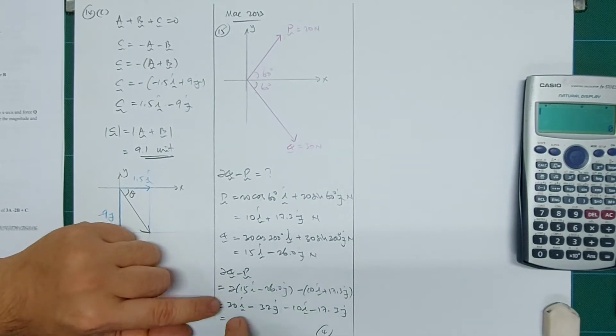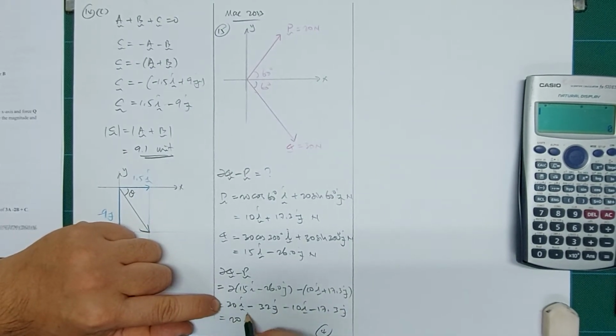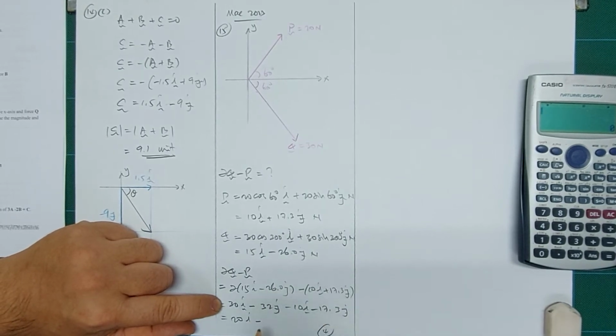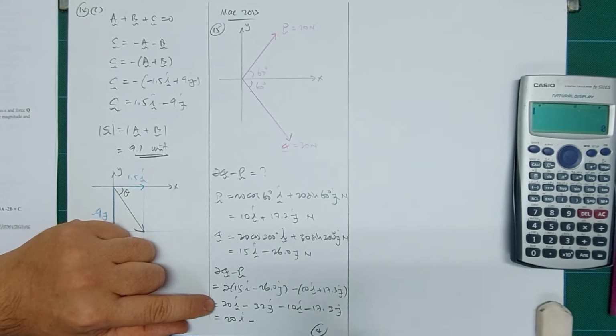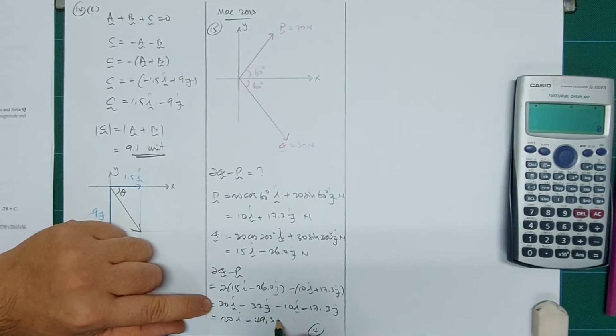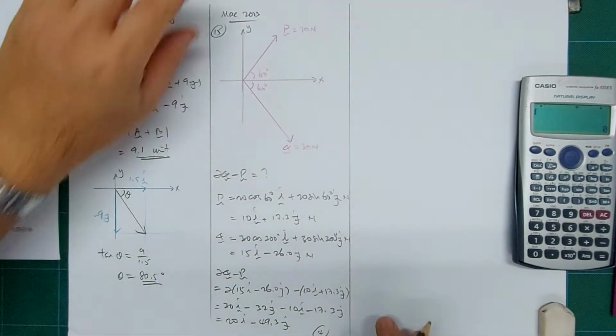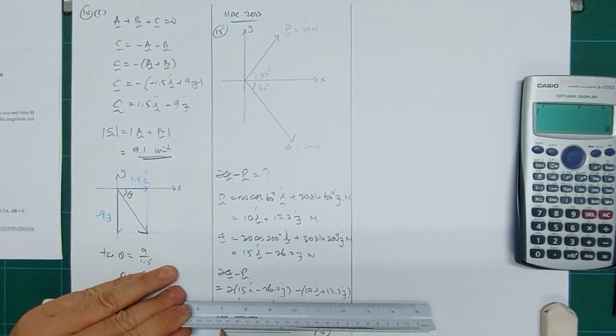End up with i, you have 20i, and for j you sum up the two numbers, you have negative 69.3j. That is our 2Q minus P in ij unit vector.